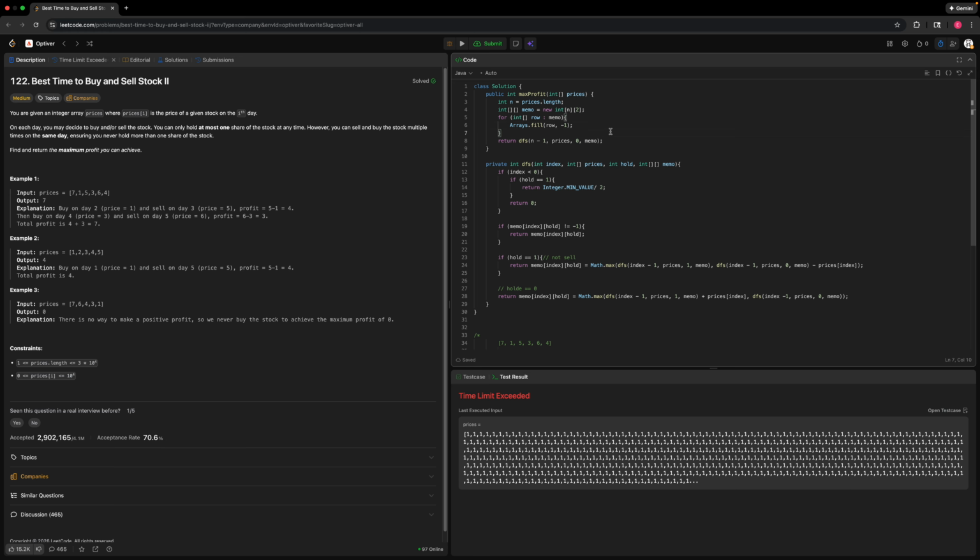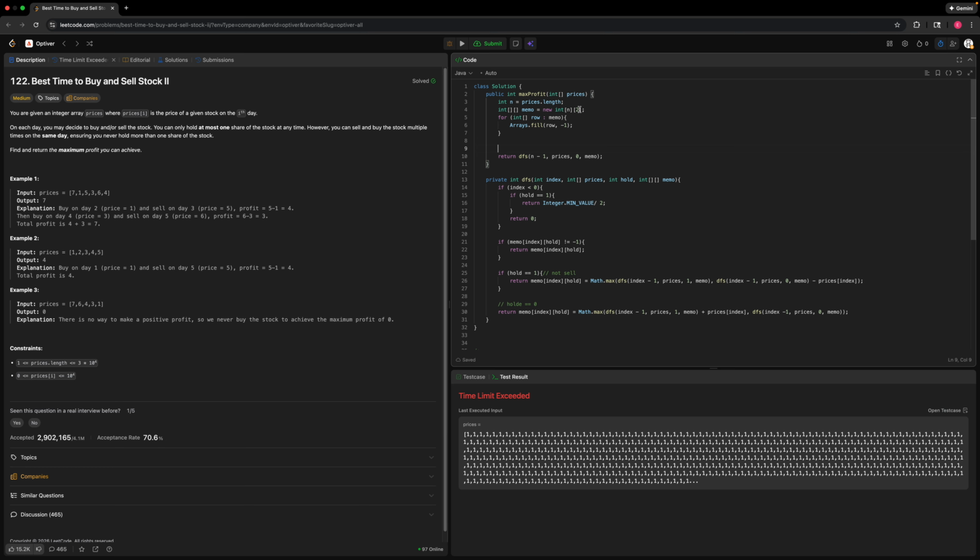So let's see. I cannot use the memory this way, so I will create a for loop here.